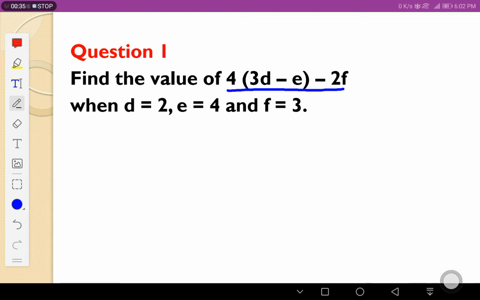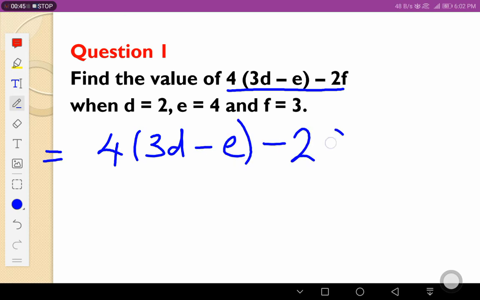So what we do is this: we write our equation that we are given, 4 by 3d minus e minus 2f. Now we substitute each element that we are given.